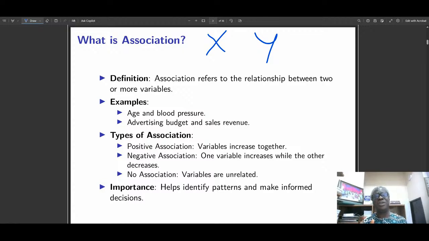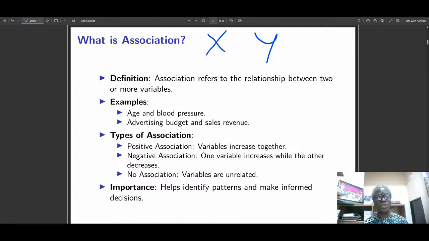Here we have looked at just two variables, but sometimes we could have more than two variables. So we can have x, y, z. In that case, you have a multivariate situation when you have more than two variables.